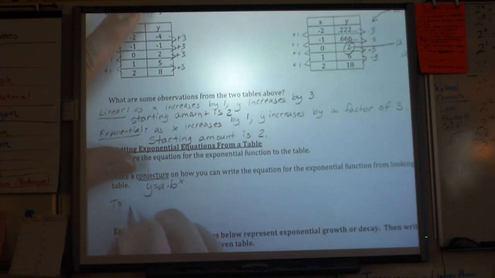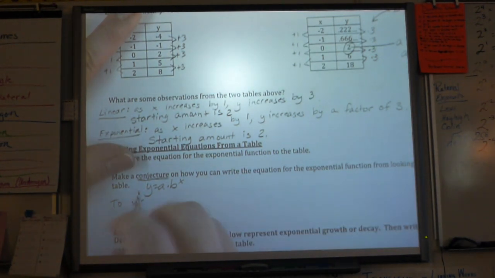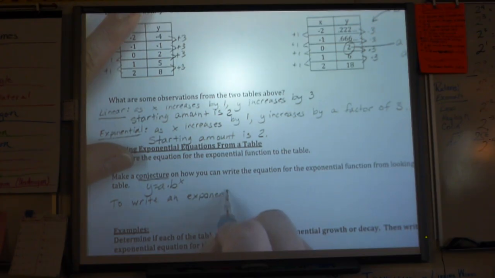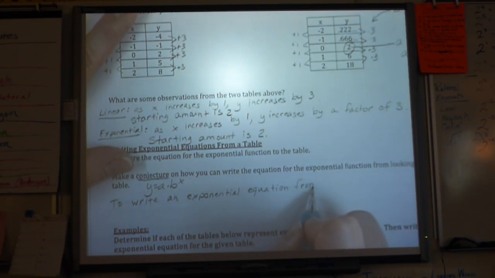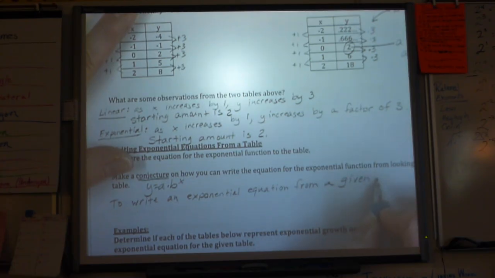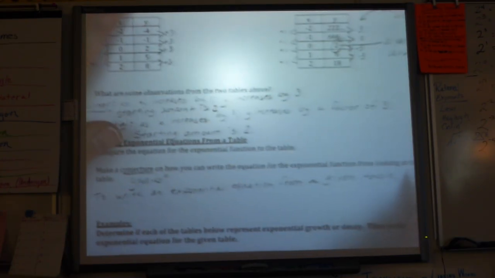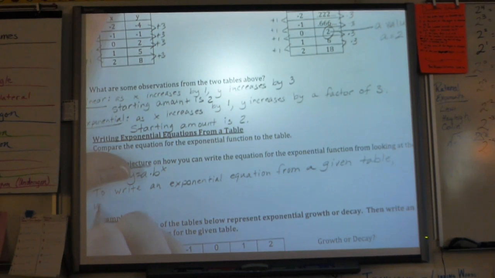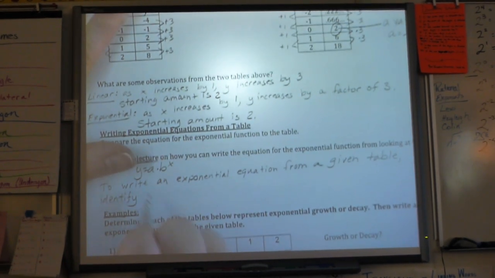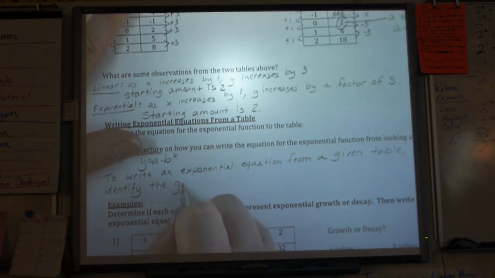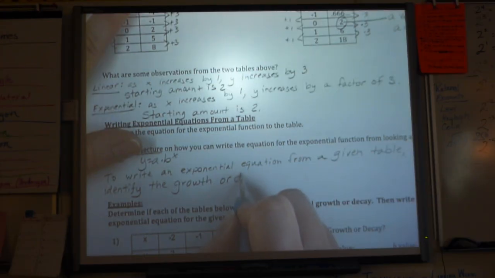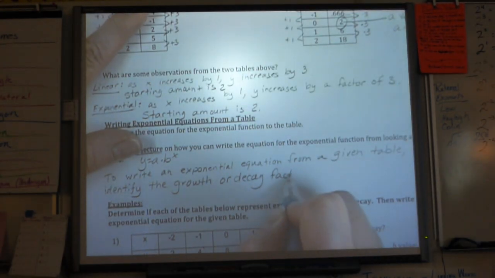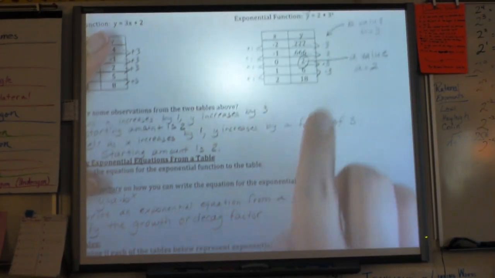To write an exponential equation from a given table, identify the growth or decay factor, which is what we're multiplying, or it could be dividing by.